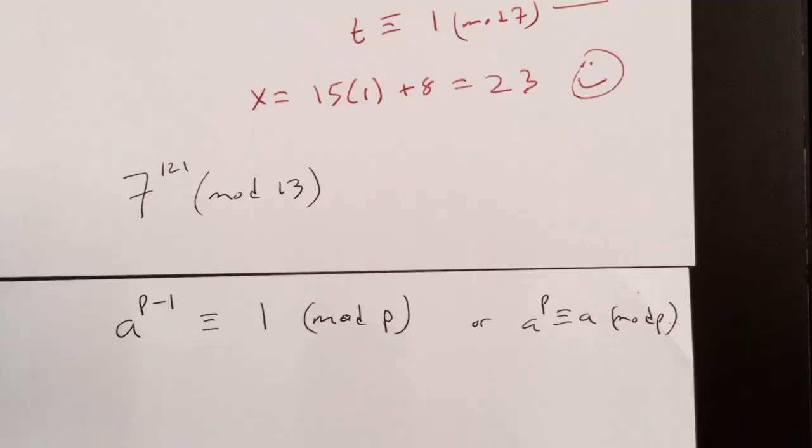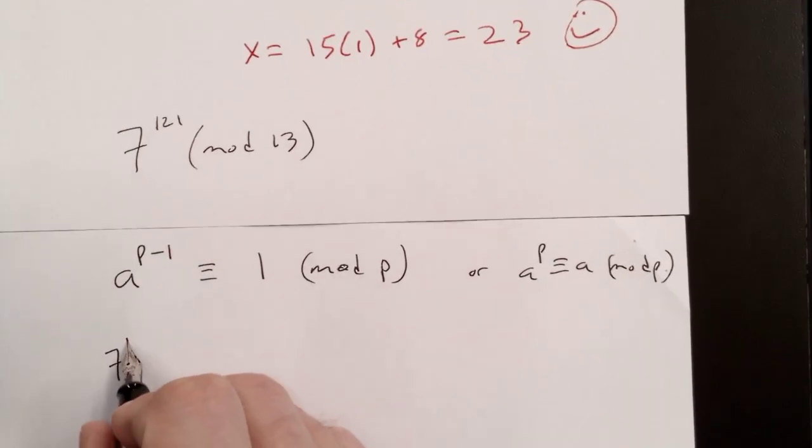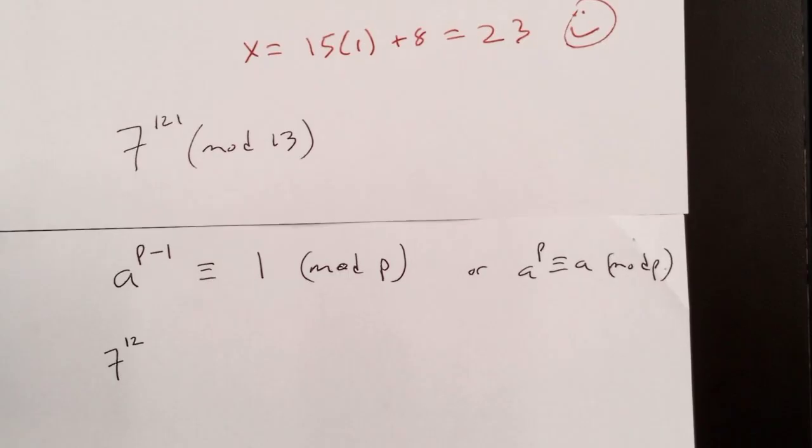I don't want to think about what my calculator is going to show me. But I do know that I'm going to do it mod 13. So if I did 7 to the 12th, what would I get? Mod 13.